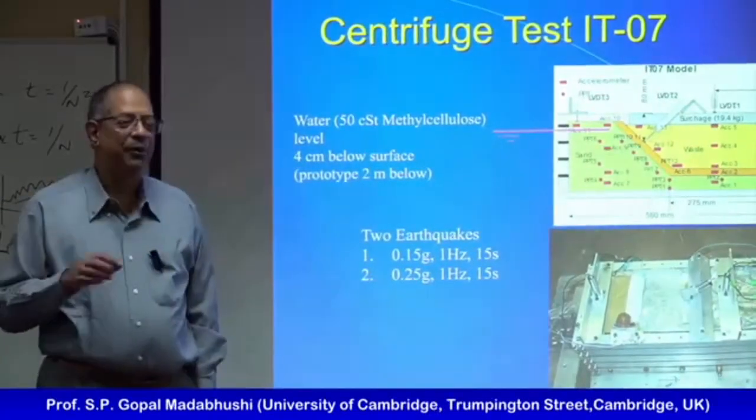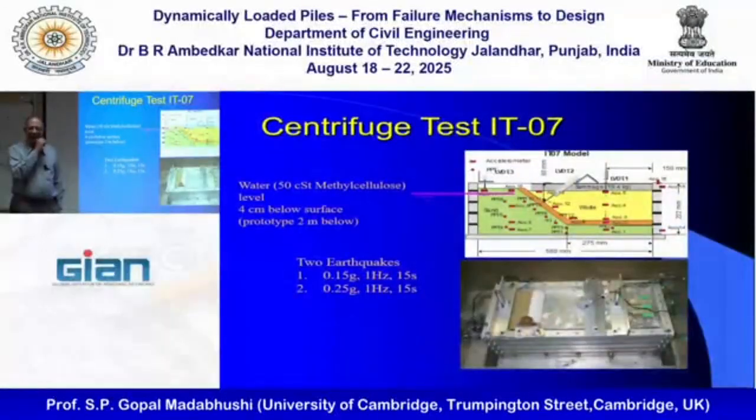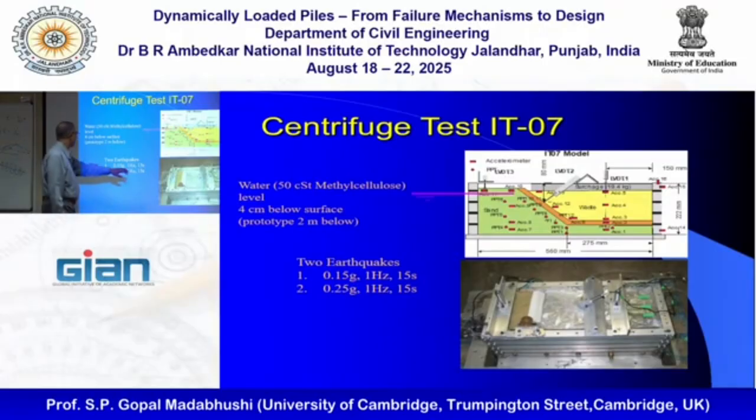My students, if I send them to a real landfill, will not come back to the lab. They will leave the program and go somewhere. So we said, no, we'll create a model waste which has the same compressibility and other characteristics as real waste. So we made model waste and created the model.